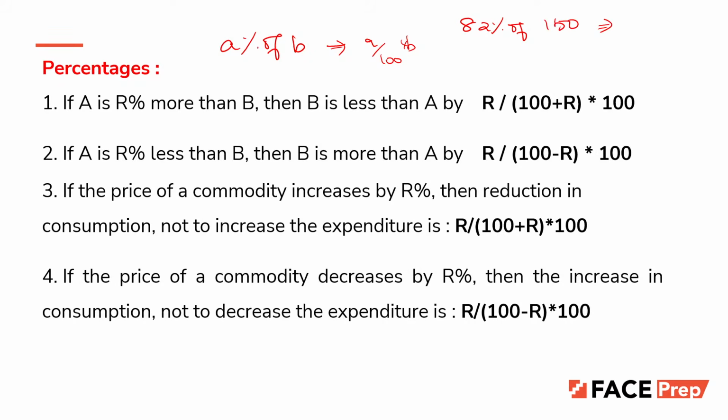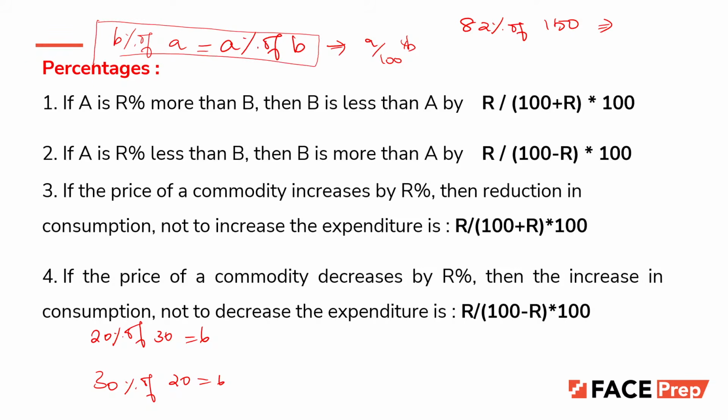To identify what is 82 percentage of 150, before solving this, you have to remember that A percentage of B will always be equal to B percentage of A. If 20 percentage of 30 is 6, then 30 percentage of 20 is again 6. We have just swapped the data. So A percentage of B will always be equal to B percentage of A. This we have to remember and note.